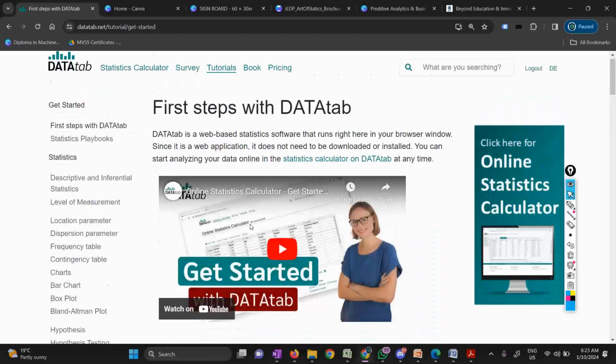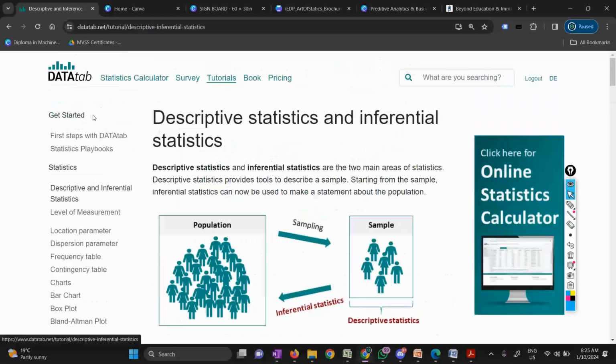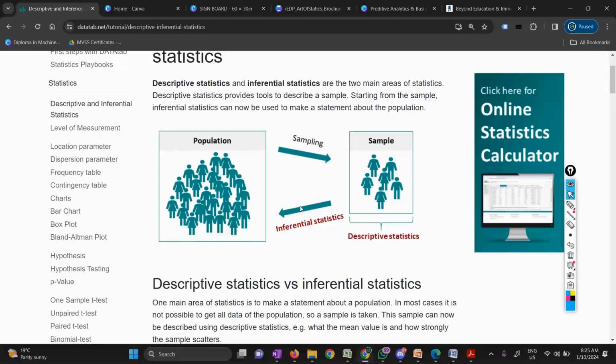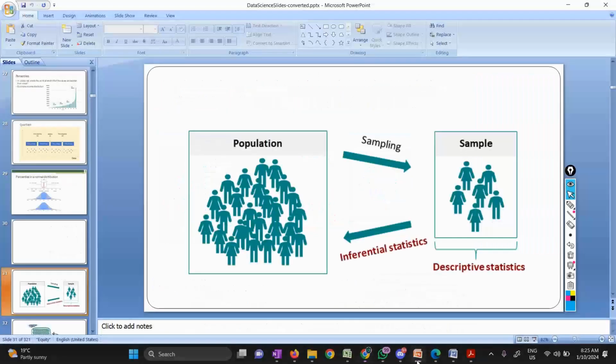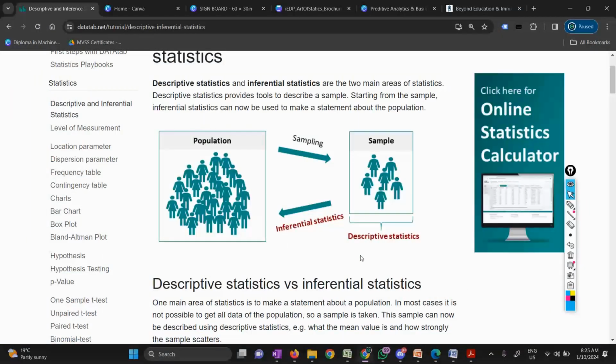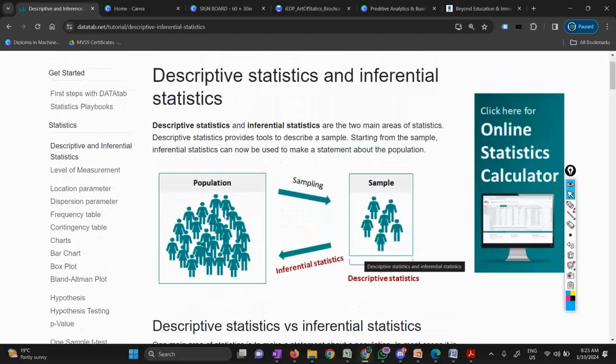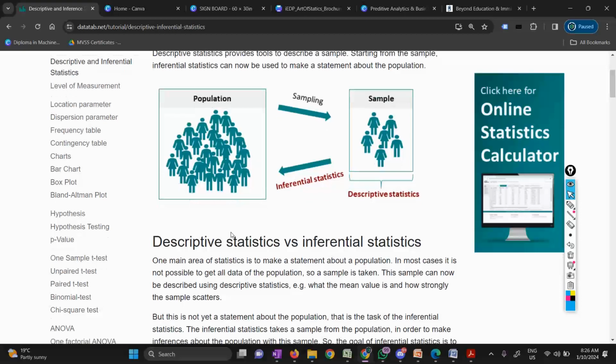So introduction to statistics, descriptive and inferential statistics. You see this picture, where I got it from? In fact, this is a piece of trivia that I'm telling you. I first got this picture from the internet. Then in the picture's metadata, I found DataTab, because I used to find regularly three or four pictures with this color, and I felt it was very nicely done.